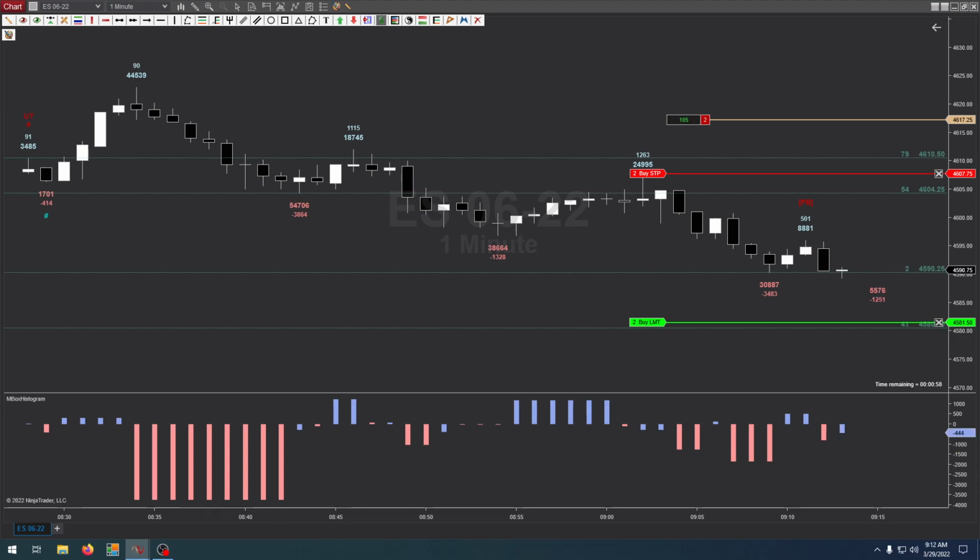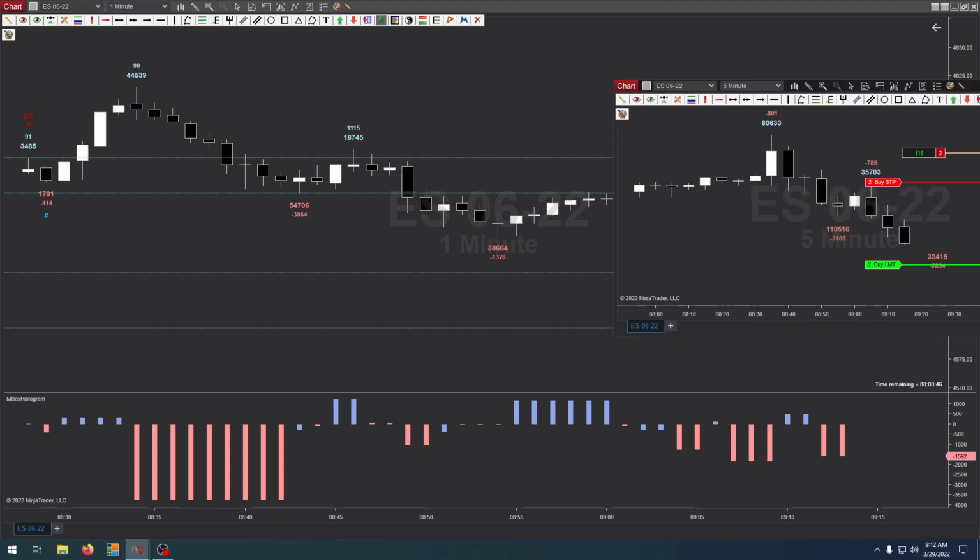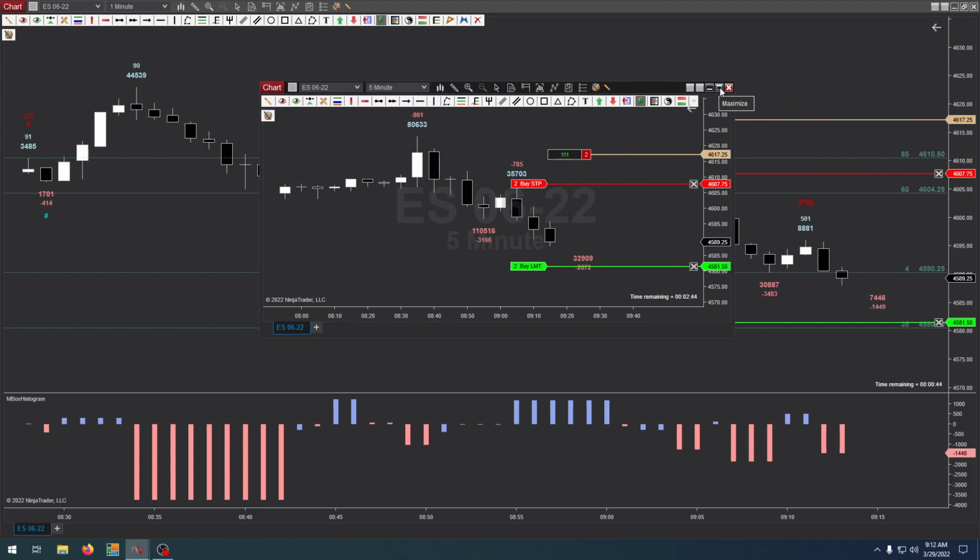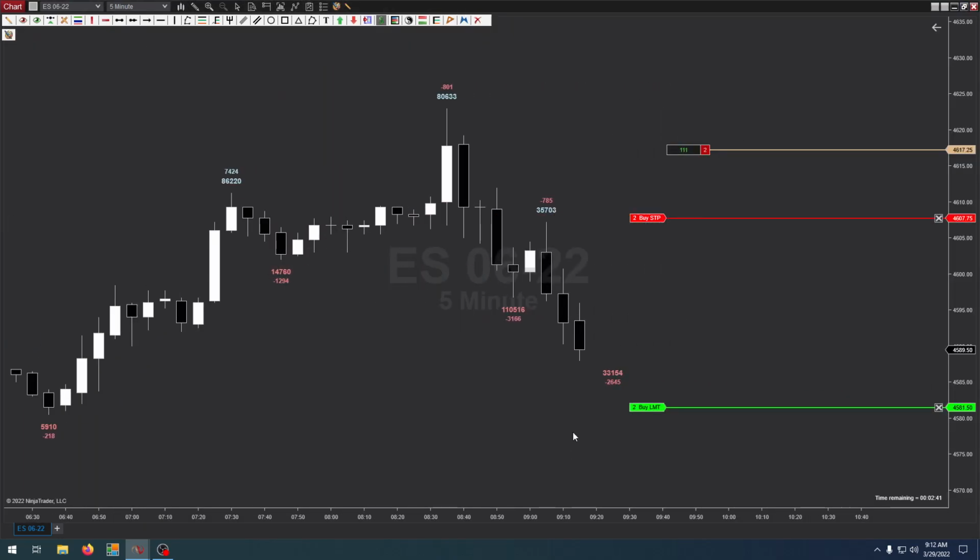There we go. We took it out, but this right here, that's the divergence between this number here and this number here. That's divergence. Looking at nothing but numbers, that's divergence. So, as I showed a few minutes ago, the 5 minute is trying to get that geometry, it looks like.